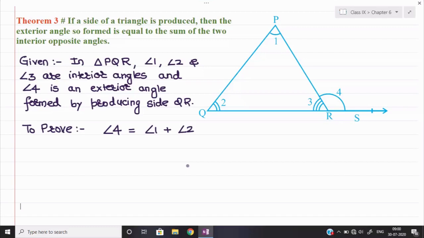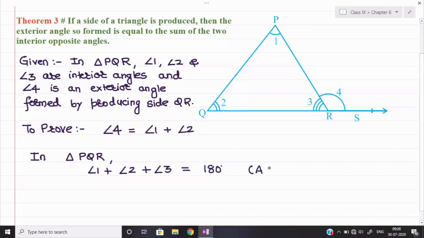Now we can use it in the question. So first we shall write down in triangle PQR, angle 1 plus angle 2 plus angle 3 is equal to 180 degrees. That is our angle sum property, and this is my equation number 1.